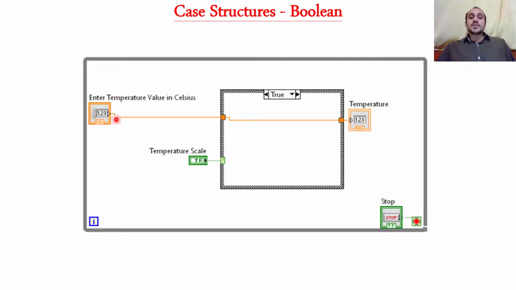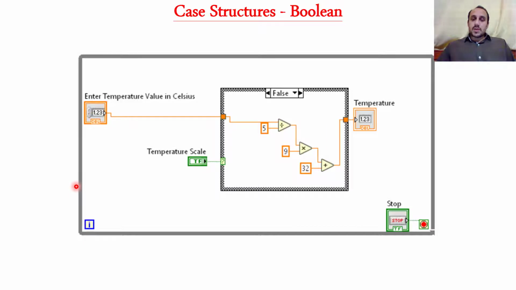True case: the temperature which the user entered in Celsius will come out as Celsius. So this is the true case. But if the user selects the Fahrenheit scale from here, the user input will be converted into the Fahrenheit scale, and that converted value will go out of the case and be displayed at the temperature indicator.